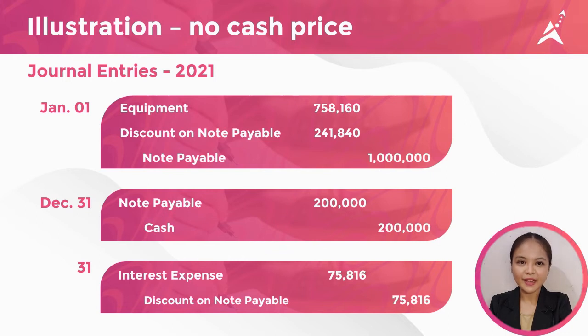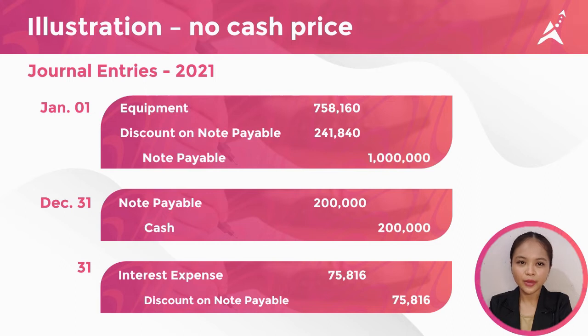The last entry for 2021 is to record the amortization of the discount on note payable. So first, we will debit interest expense for 75,816 pesos and then credit discount on note payable for the same amount. Here, we followed the effective interest method.